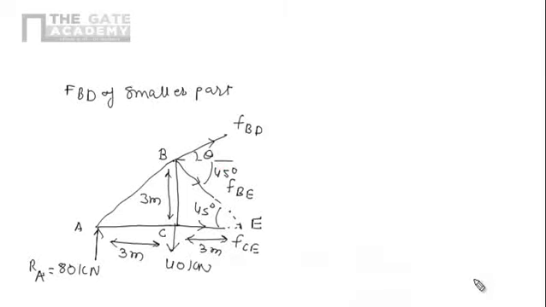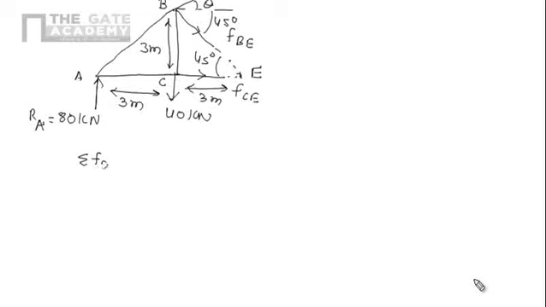So now I am applying one other condition, that is algebraic summation of all horizontal forces should be zero, in the horizontal direction or direction along x, that is positive x, that is negative x, and that is positive y, and this one is negative y. So we are applying the condition that the algebraic summation of all the horizontal forces should be 0.